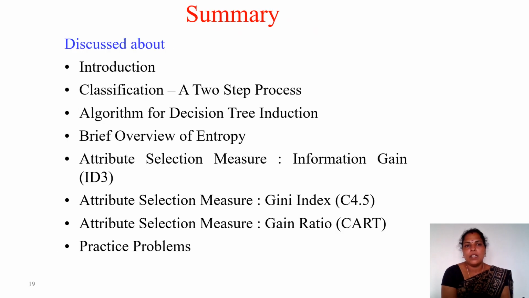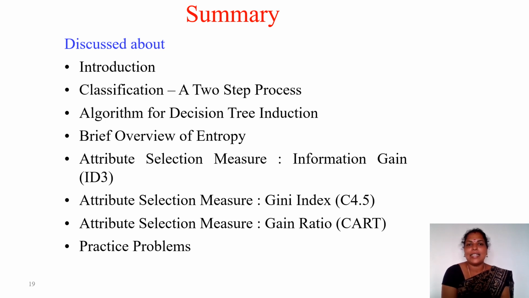So in this presentation, we have discussed the introduction to classification, that is the 2 categories of learning, supervised learning and unsupervised learning. Then the 2-step process of classification: first model construction, next usage of the model.